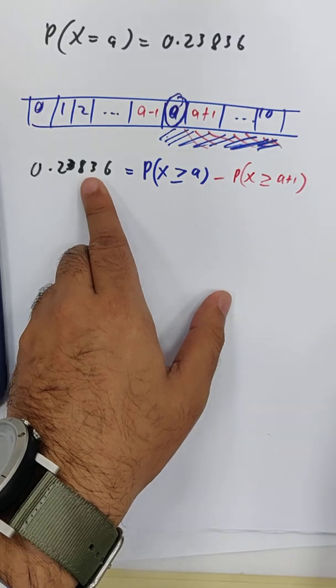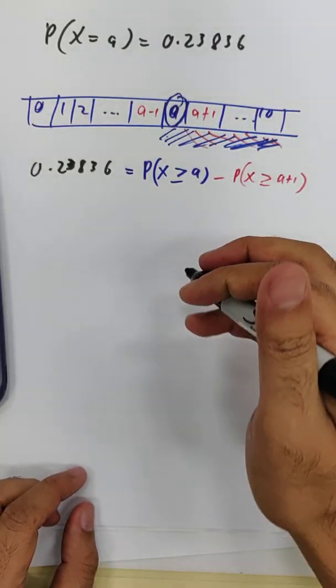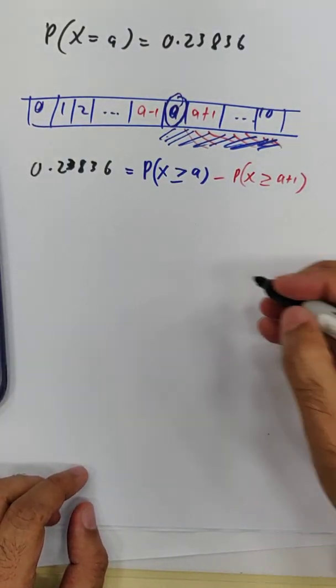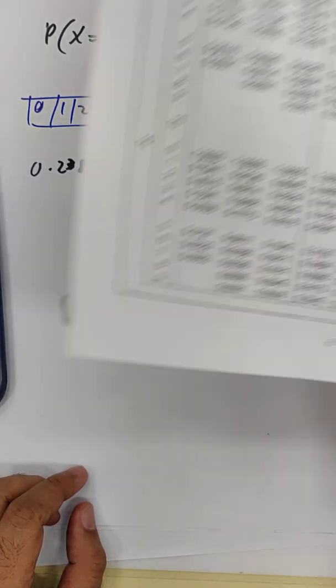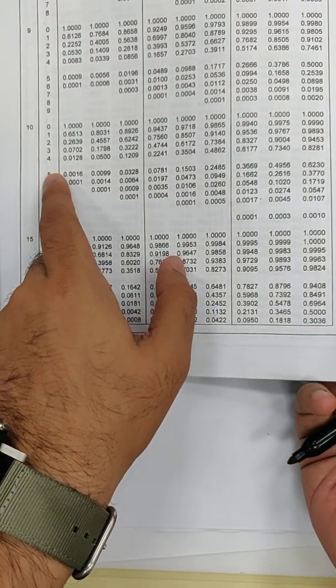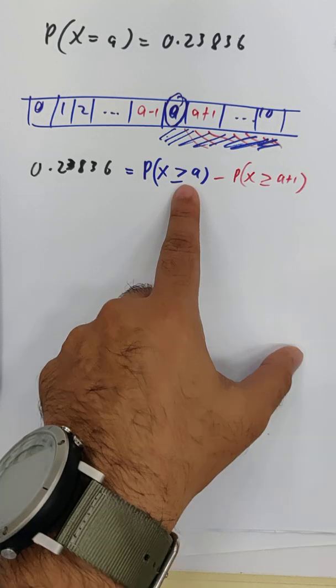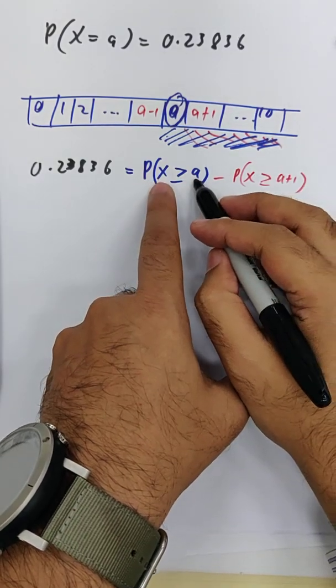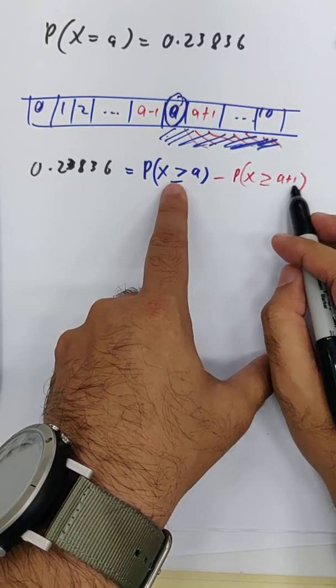So our a is, just now we got, we minus between what and what? 4 and 5, right? So this one, a is 4, 4 plus 1, 5.